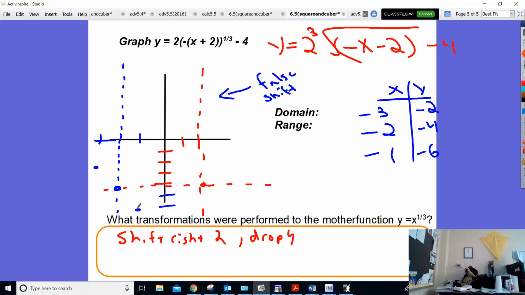Oh, because we reflect on the x. Yeah, we reflect on the y-axis. That's the only fact that we reflected on the y-axis. The other reflection here was the reflection on the y-axis.